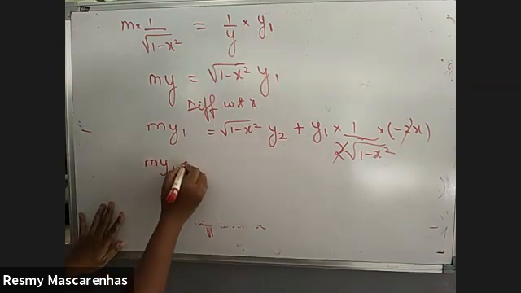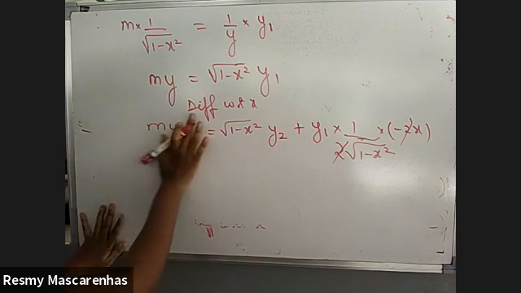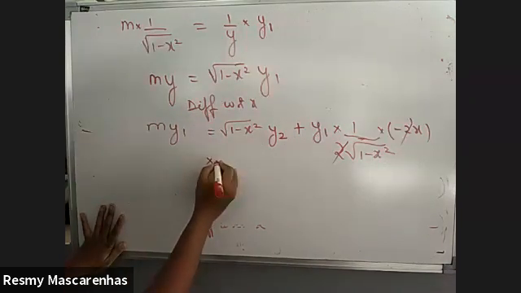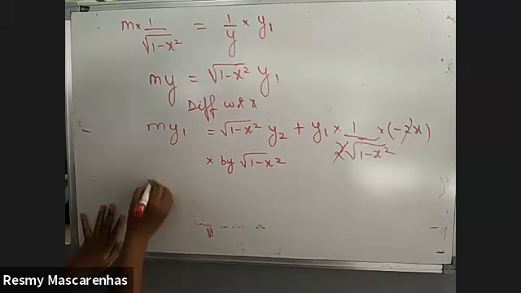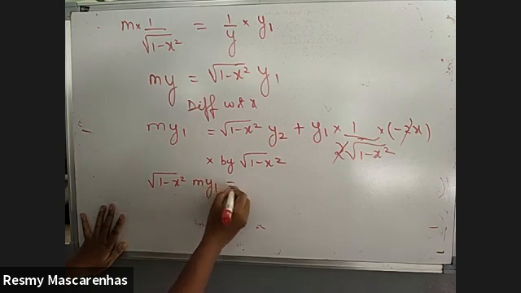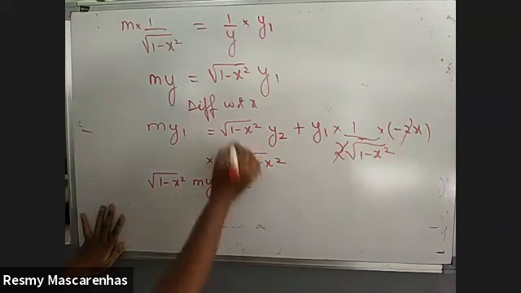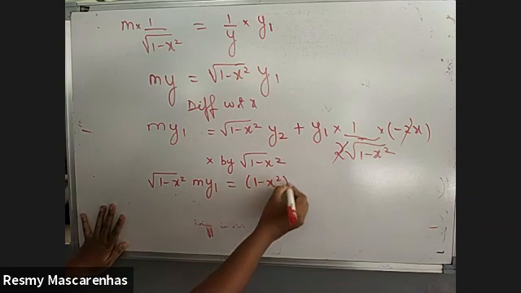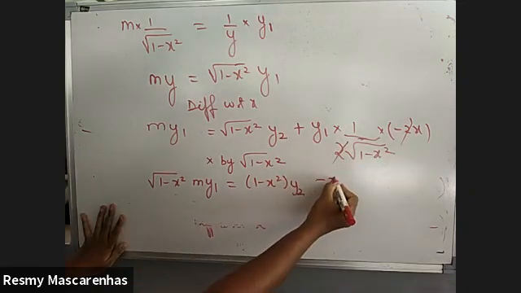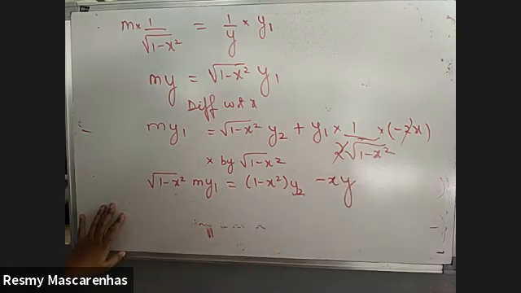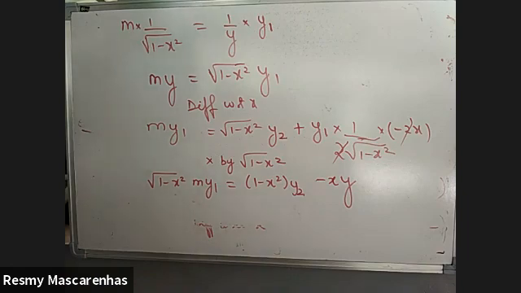My1. Okay, so when you multiply throughout by root of 1 minus x square, root and root will cancel.